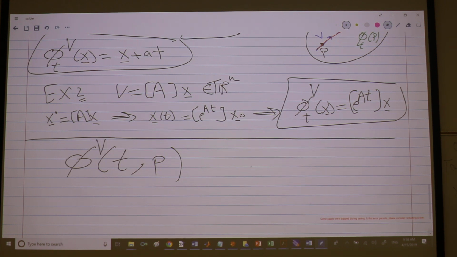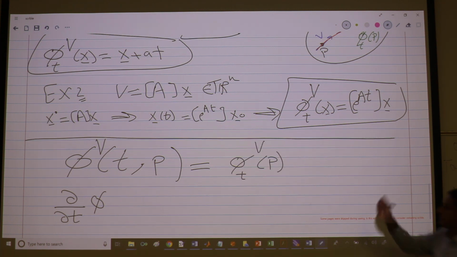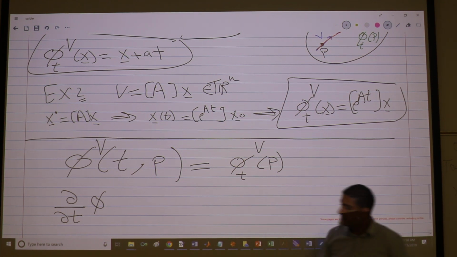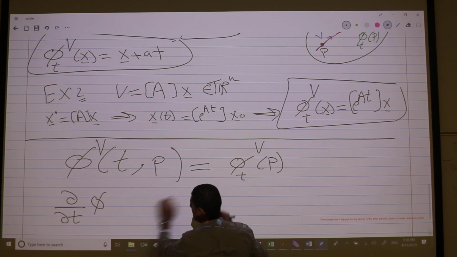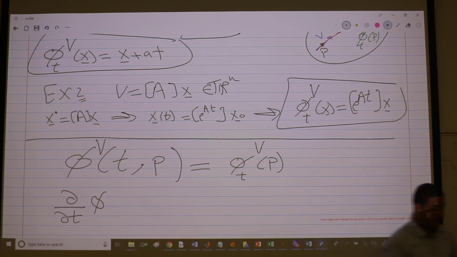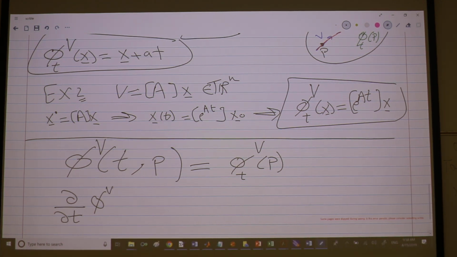So one of its properties: when you differentiate it with respect to the first argument, so partial t, this guy, which we denote by phi tV of p, but don't think about t for now. If you differentiate this with respect to the first argument, you get what?